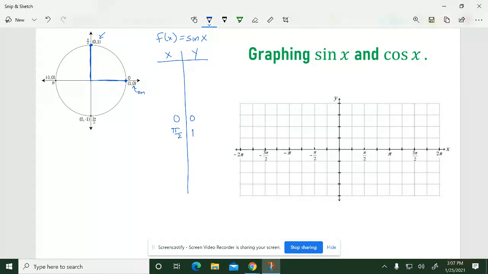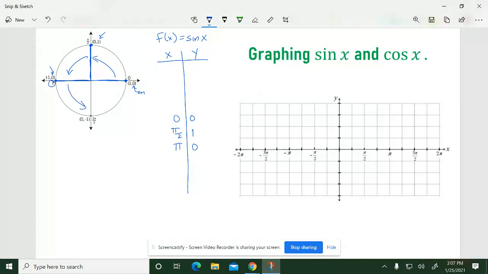All right, so I've rotated a fourth of the way. Now I'm going to rotate halfway, and that's 180 degrees or pi radians. My y value here is 0. So when I'm at pi, I'm at 0 again. So I got 0, 1, back to 0.